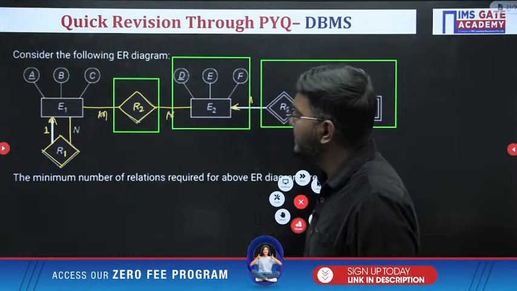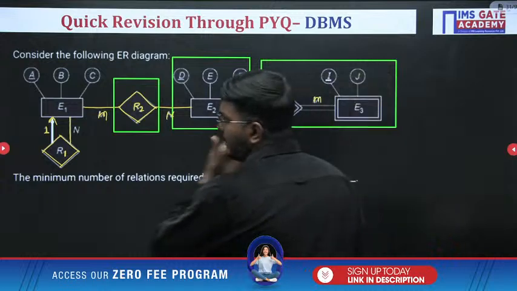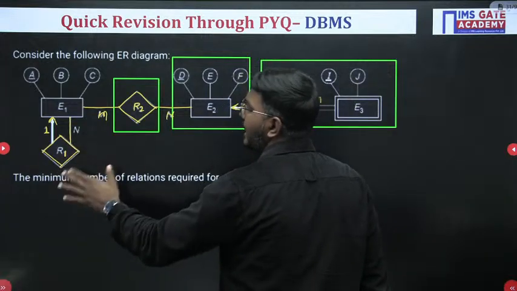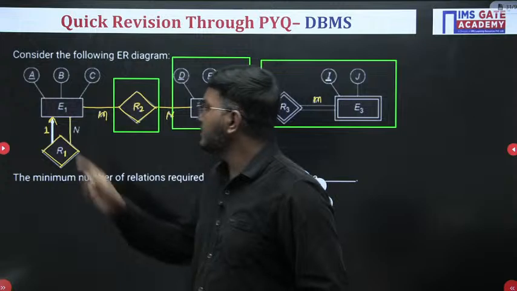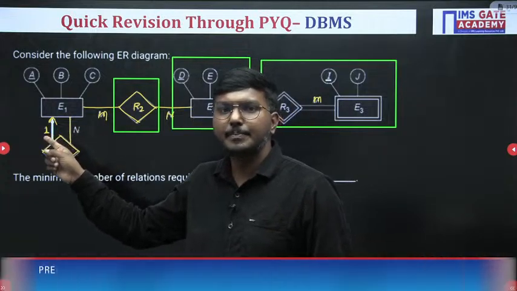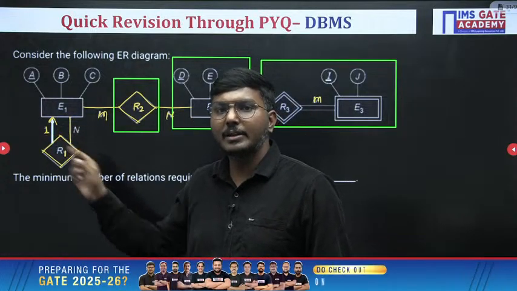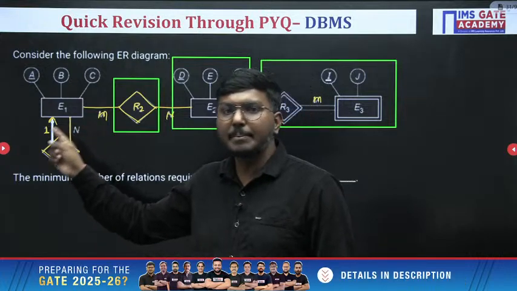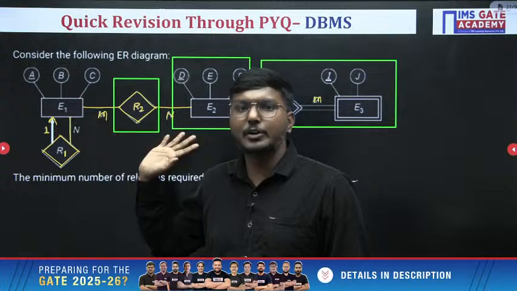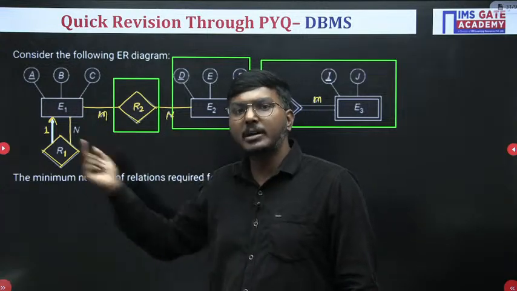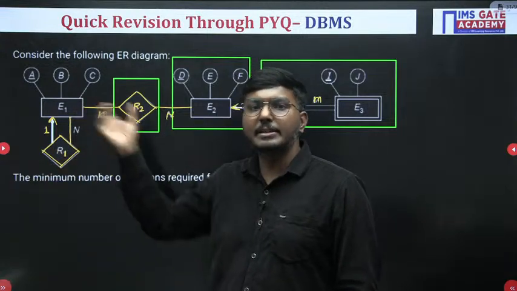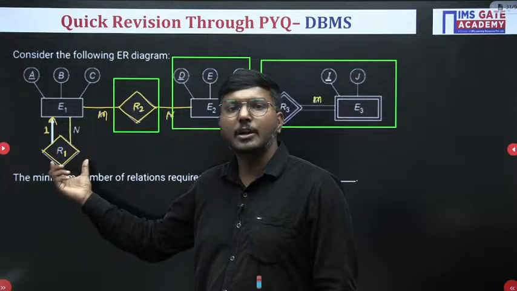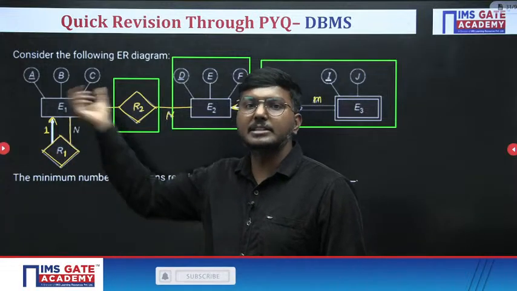And see here, this is self-referential, but this time it is not many to many. The mapping is one to many. So what will we do here? We'll merge R1 towards the many side. This relationship set R will be merged with the entity set E1.